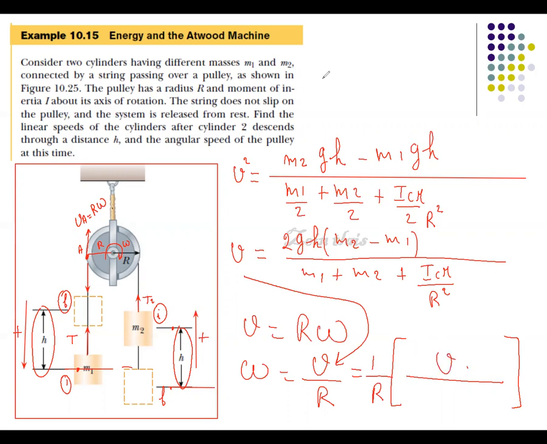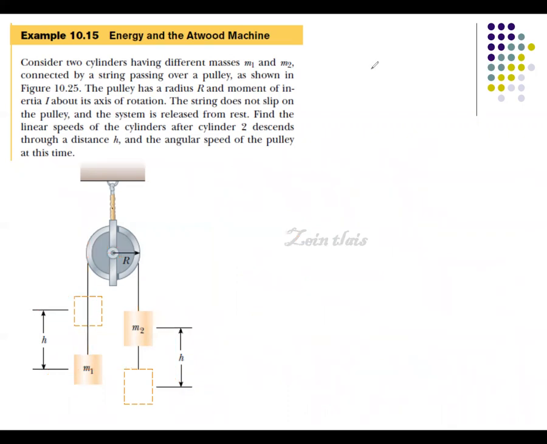Okay, I can add a simple calculation. I can ask you to find T1, to find T2, for example, to find A, to find alpha. You can calculate any one of these values.